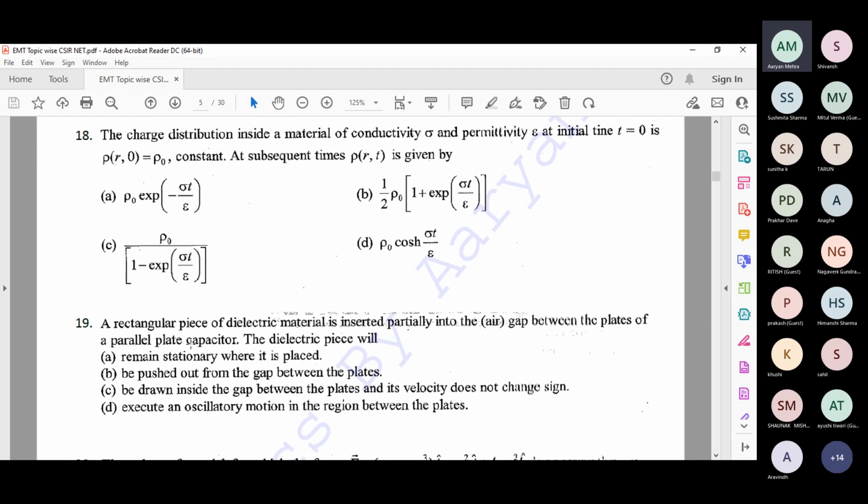So these are the questions. Can anybody repeat the questions I have said? Question number two, question number 4, question number 6, 7, 8, 10, and 17.